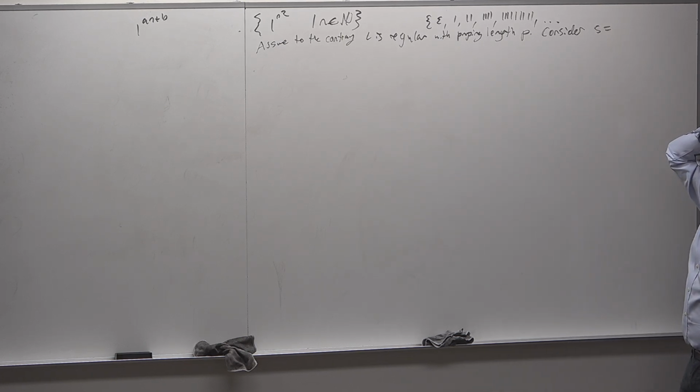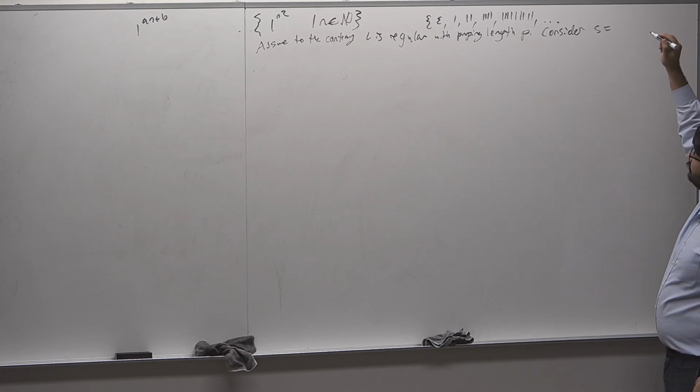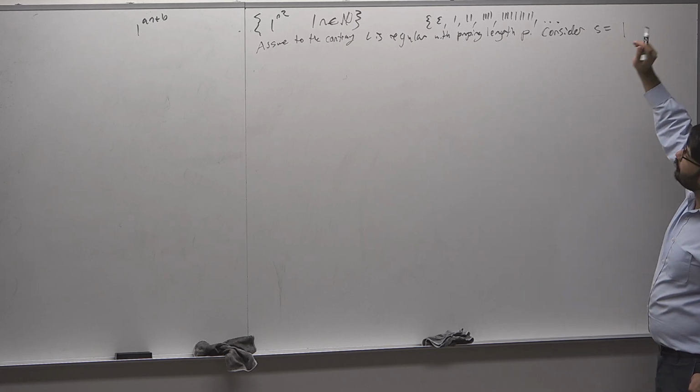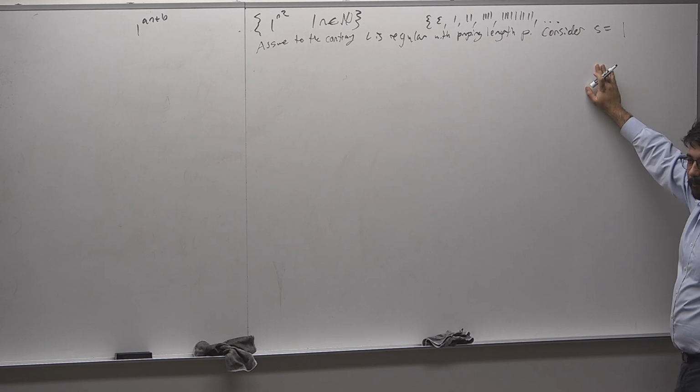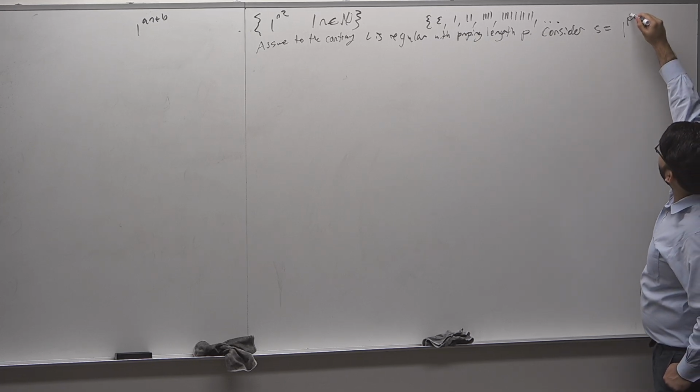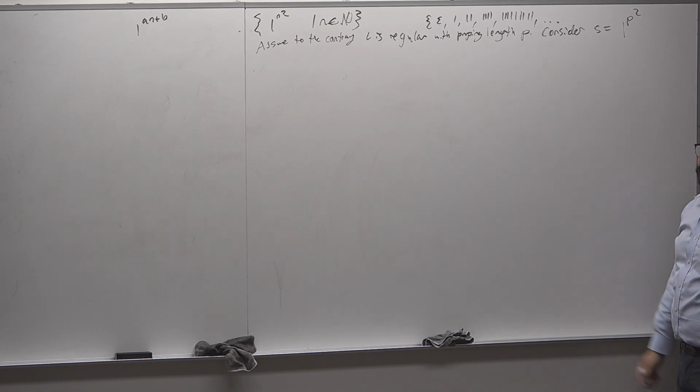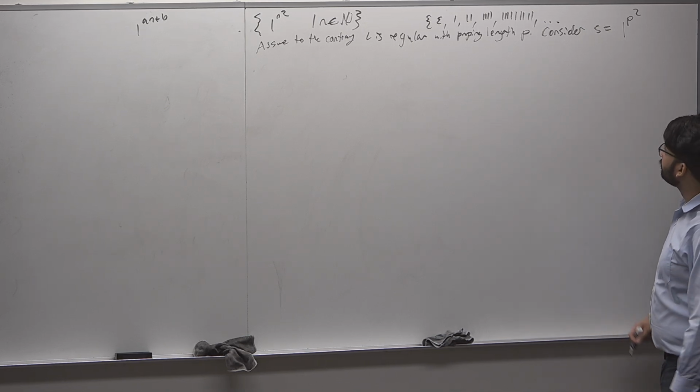Give me an S in this language that has length greater than P. Well, how do we know P is a perfect square? Gotcha. 1 to the power P squared. That's the best we can ask for. Let P be the number of states squared, okay?